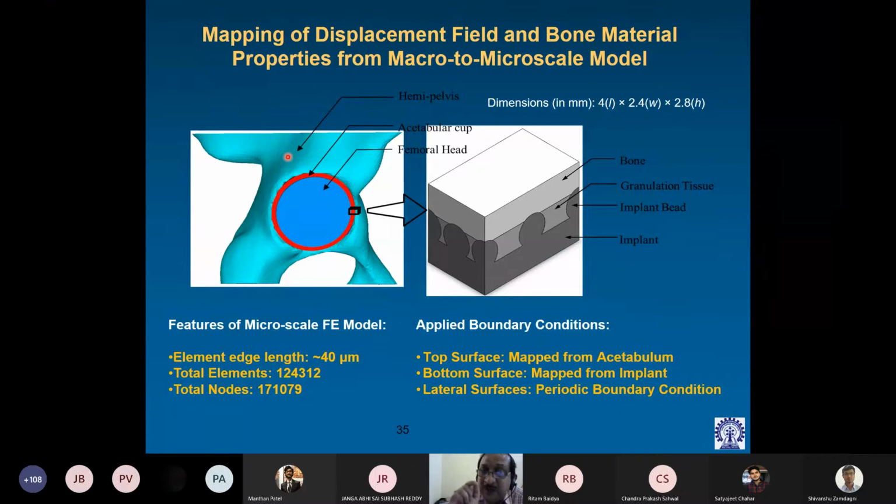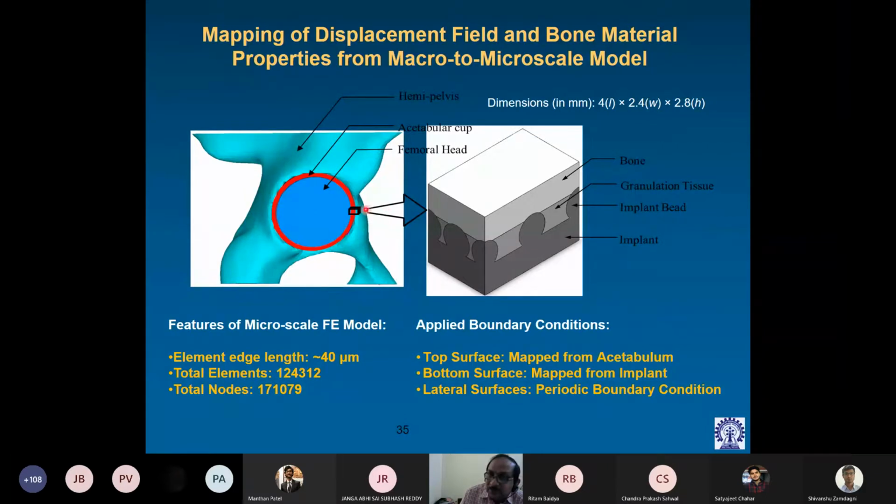So we need to map the displacement fields from this submodel to a microscale model. Now, obviously, I have shown one small element here at a location. If I vary the location, obviously the implant-bone displacement would vary. And what would also vary is the bone material properties, because bone material property is highly heterogeneous and will vary from location to location even within the acetabular cavity.